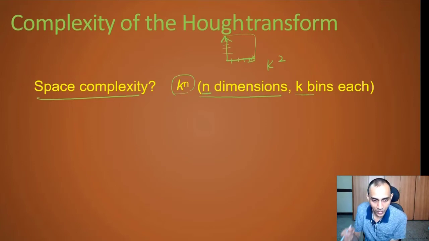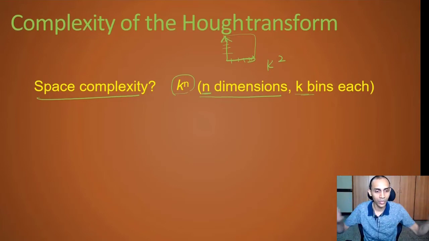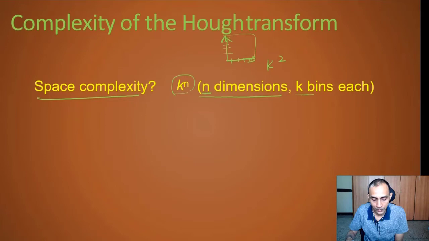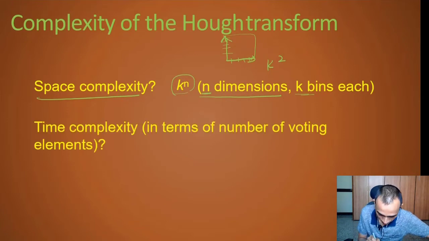That's why we go for PCA and all those things. Similarly here also, if we increase the number of dimensions, our total space is going to explode exponentially, and the accuracy suffers because of that. So it is only good as long as we have fewer dimensions, maybe 2 or 3 maximum. Beyond that, the Hough transform may not perform as well.